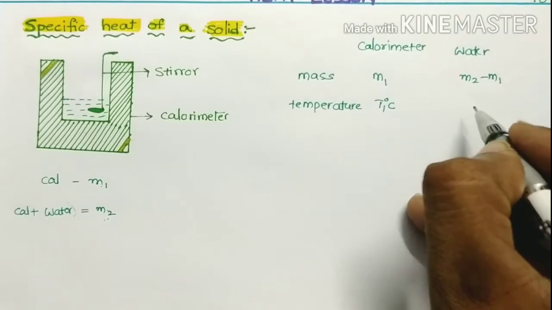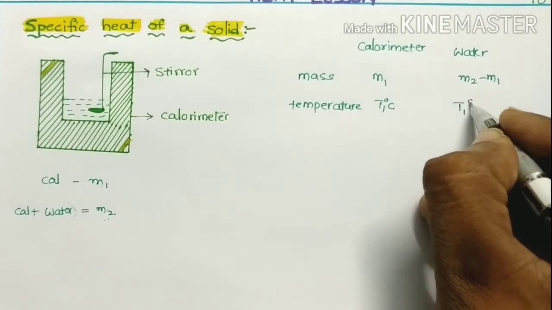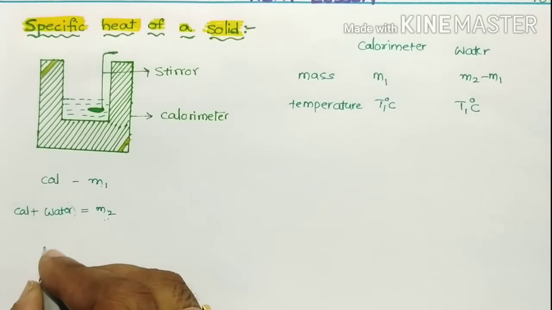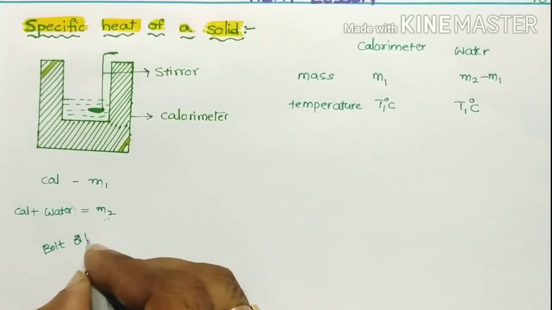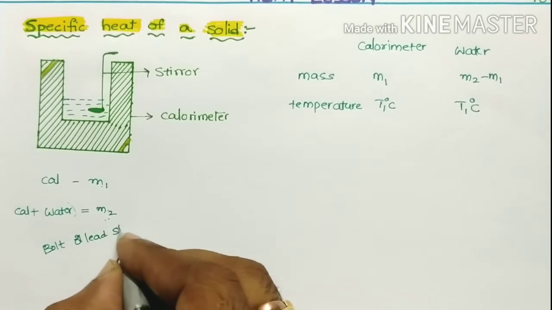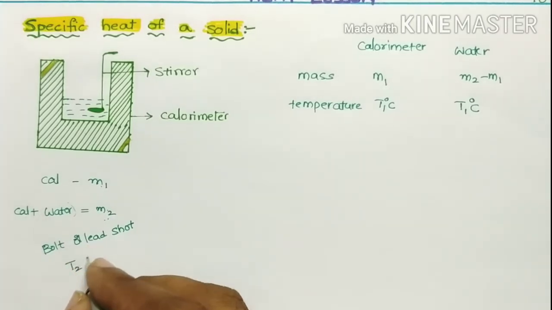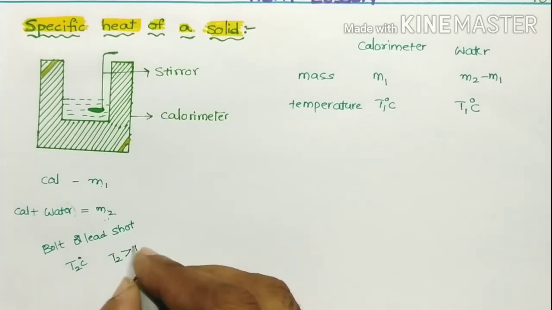The water is also at room temperature, so the temperature of the water is T1 degrees centigrade. Take one bolt or lead shot and measure its temperature. Let T2 be the temperature of the bolt or lead shot, and take care that this T2 is greater than T1.